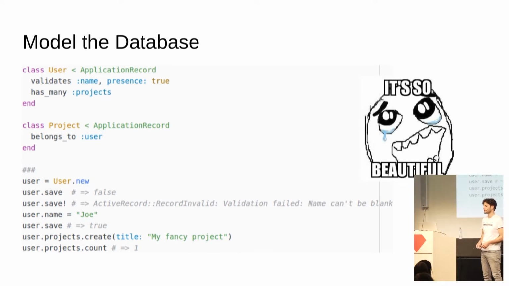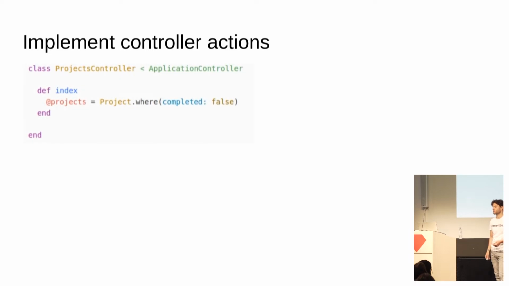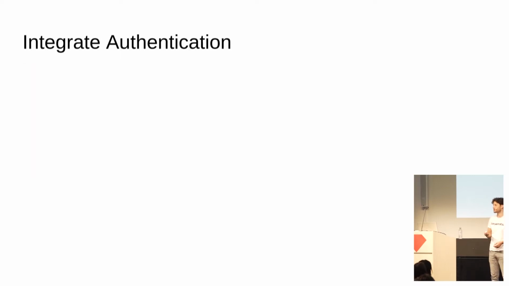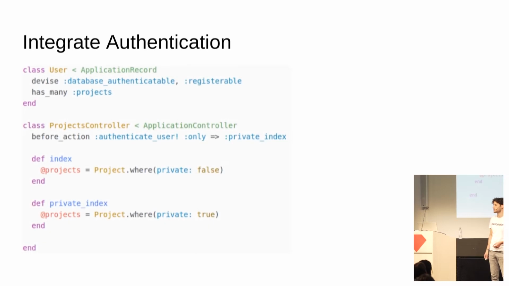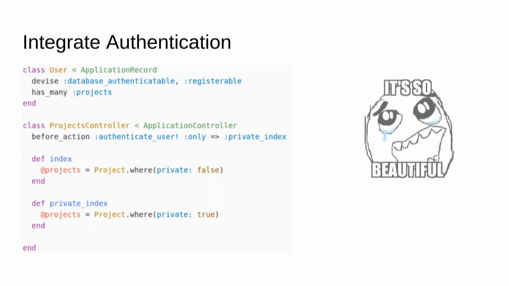We use controllers, the application controller, and it's just working, very nice looking code, very maintainable. We use gems like Devise to set up authentication. We all know that. You can connect it to your controller, and it's a very nice architecture. It's also maintainable.